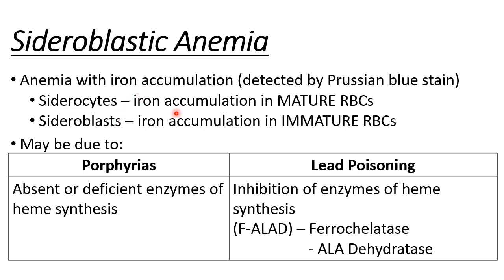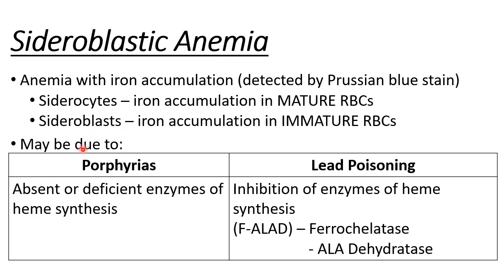Kapag ang iron accumulation naman, ma-appreciate mo dun sa immature RBCs, ang tawag dyan, sideroblast. Okay? So, tatandaan natin yan sa question stem. Check nyo mabuti kung immature or mature RBC ang nasa question.